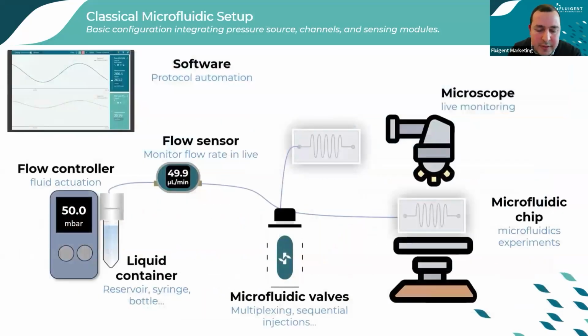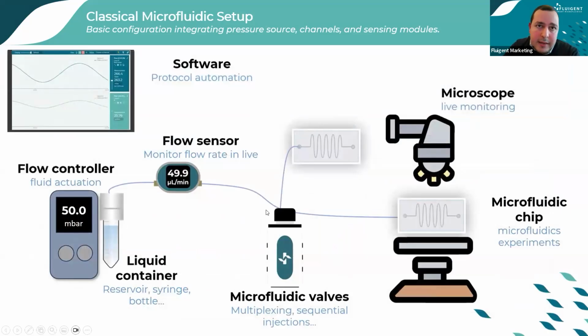So before starting, I would like to present the classical microfluidic setup that we typically use. It consists of a pressure source connected to a flow controller or a pressure controller, which pressurizes a microfluidic reservoir connected to a flow sensor.